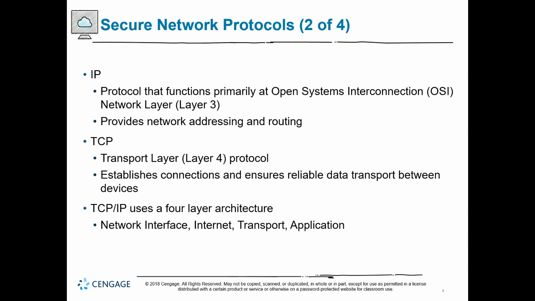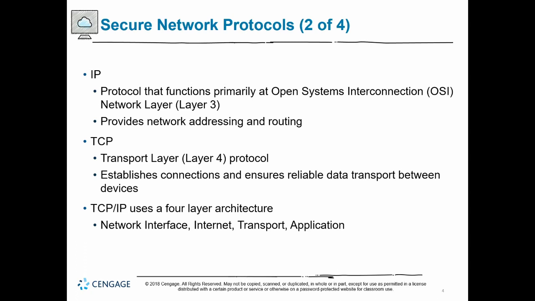TCP, the transport layer, is a layer 4 protocol, establishes connections, and ensures reliable data transport between devices. It also breaks packets up and puts them back together. It does security checks and quality checks at that layer as well.